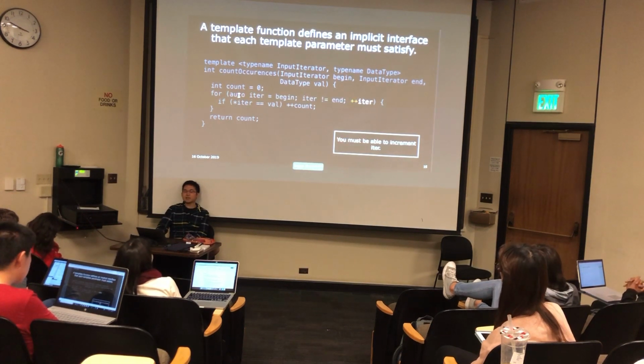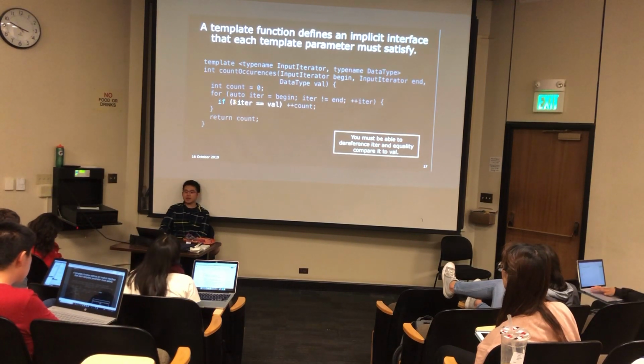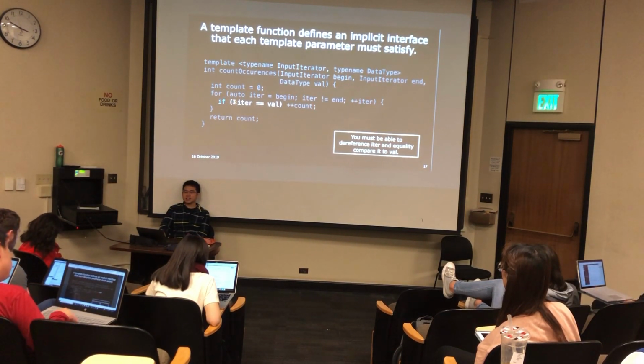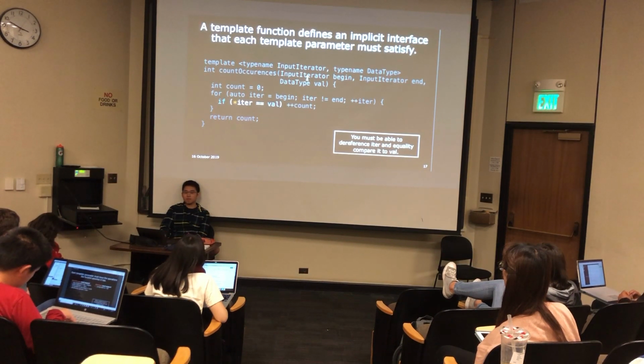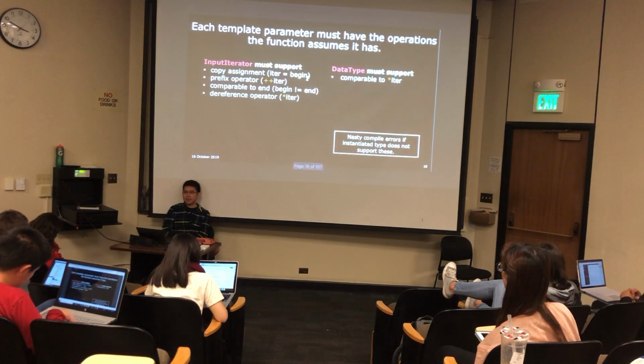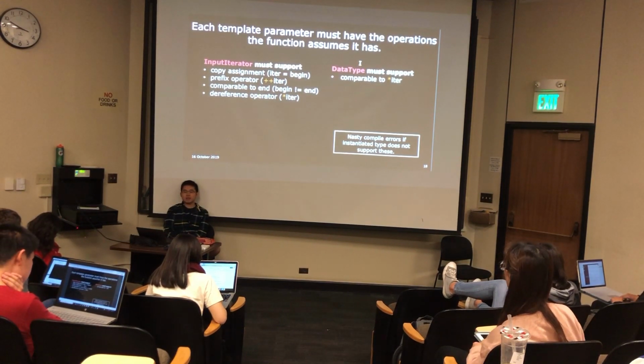The real interfaces come later when you try to define the other parts. We also mentioned before this is the place where the implicit interface failed, where we're trying to dereference the input iterator, and it has to be comparable to your data type. So the templates impose these sort of requirements on what the type is.